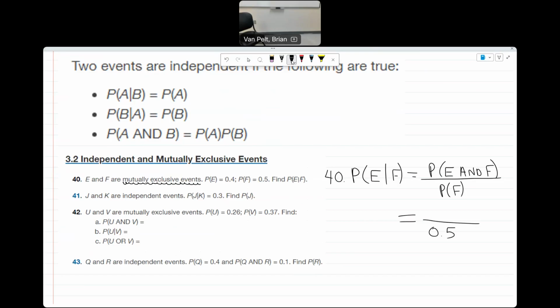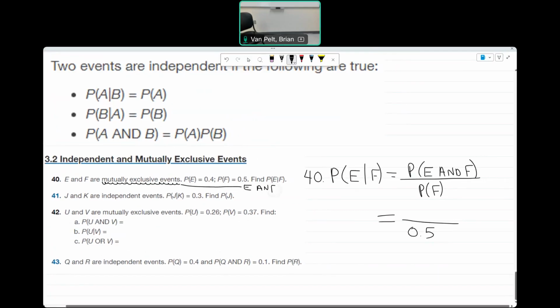That means that E and F is the empty set. That's what mutually exclusive means. So therefore, what's the probability of this? No, 0. The probability of the empty set is 0, remember that? This answer is just going to be 0.